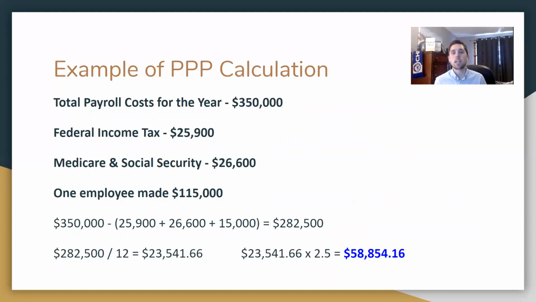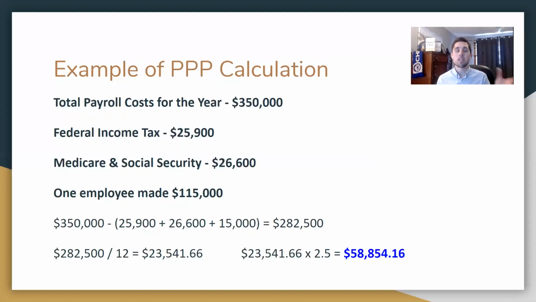So just a little example of what this would look like for you. Let's say for the entire year, your total payroll costs are $350,000, as you can see on the screen. There's your other taxes, federal income tax, Medicare, Social Security, and we'll say that you have one employee who makes $115,000 a year. So you start with $350,000. You subtract everything in those parentheses there. So that's the federal income tax, the Medicare and Social Security, and the $15,000, which is the amount that was over $100,000, and that gets you $282,500.